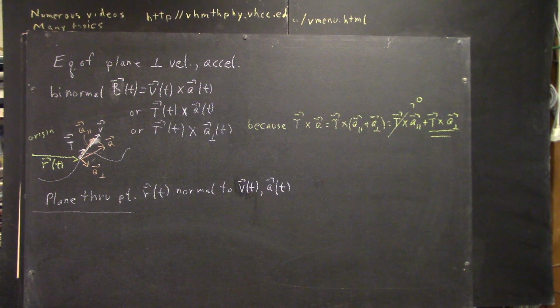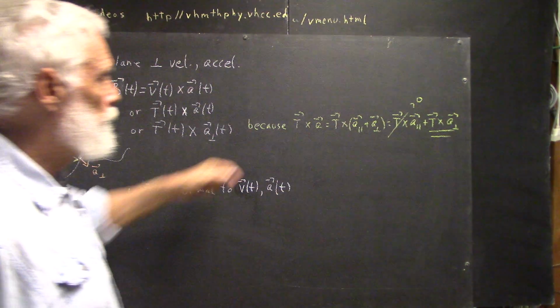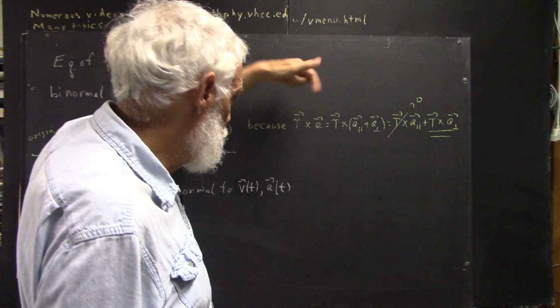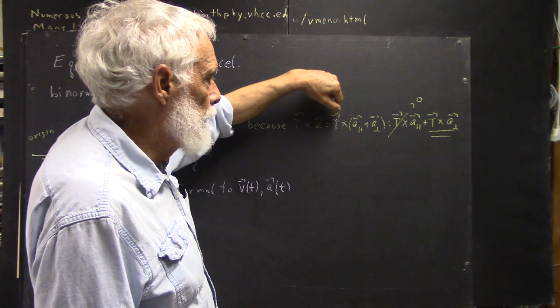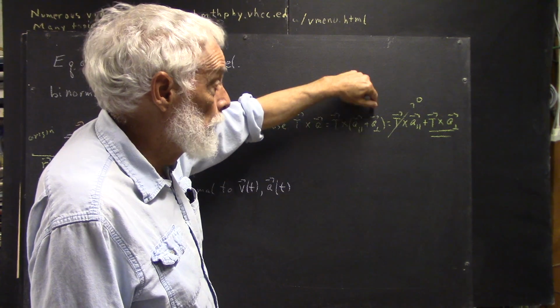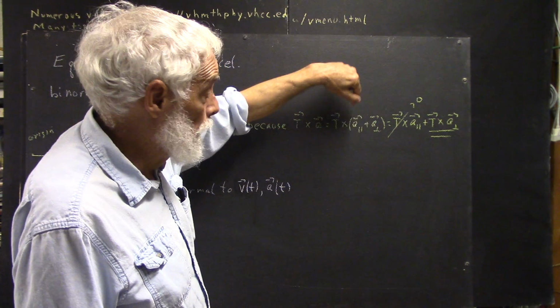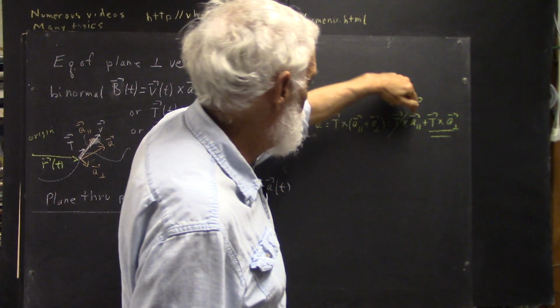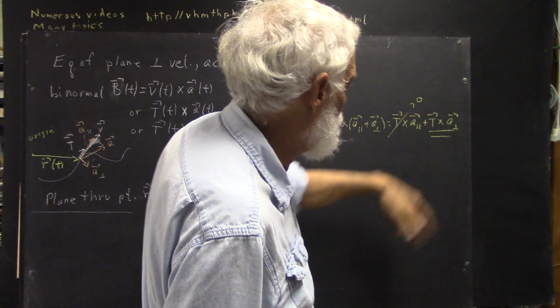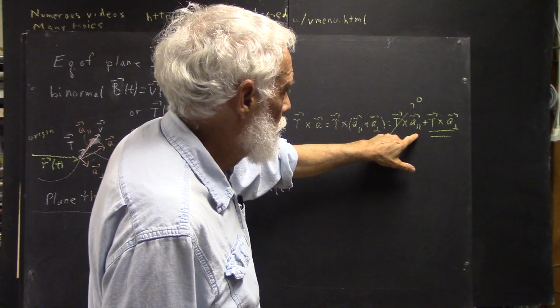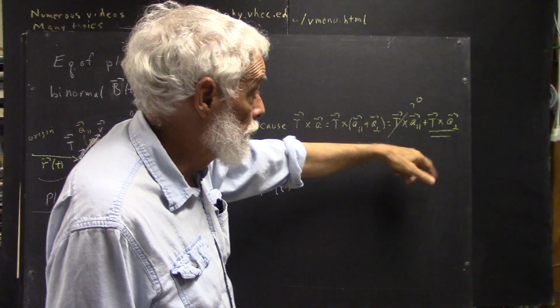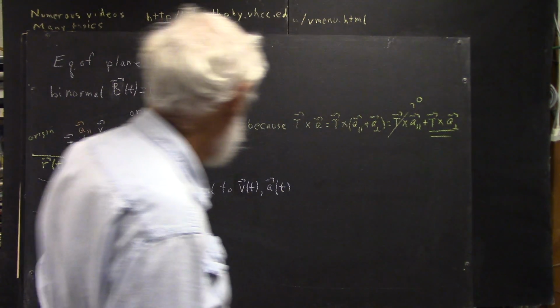So what's the plane? Well, once you get T cross a, which you can calculate, and I do note here, T cross a is T cross a parallel plus a perpendicular, since the a vector is a parallel plus a perpendicular. That's T cross a parallel plus T cross a perpendicular, and a parallel is parallel to T by its definition, so that's 0, and you're just left with T cross a perpendicular.